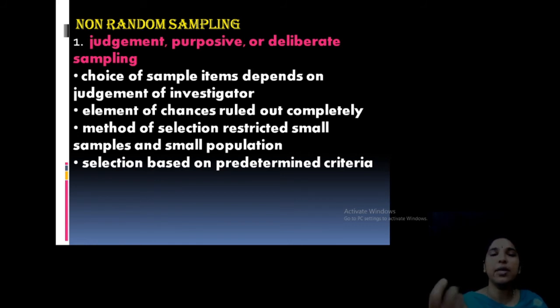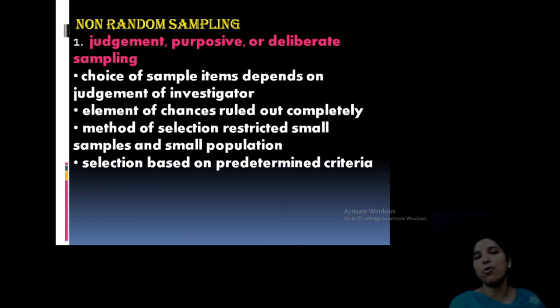I will call anybody, for example, anyone from among your class, Pooja. I will call Pooja and do my work. Then I will call upon Sri Deepa and do my work. That is based on my decision. I want to study from them. That is purposive, deliberate. Deliberately I will call Sri Deepa.